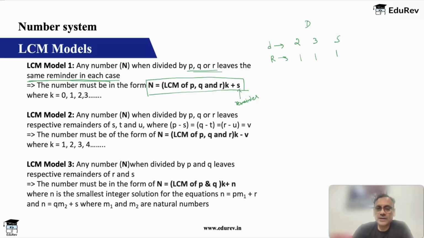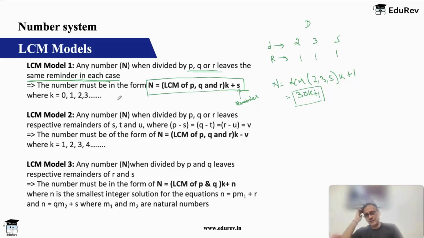So my answer is nothing but LCM of 2, 3, 5 into k, because you will not get one answer, you will get multiple answers, plus 1. 2, 3, 5, all of them are prime, so their LCM is the product, 30. So the answer is 30k plus 1. This is the answer. Okay, and k is a natural number.